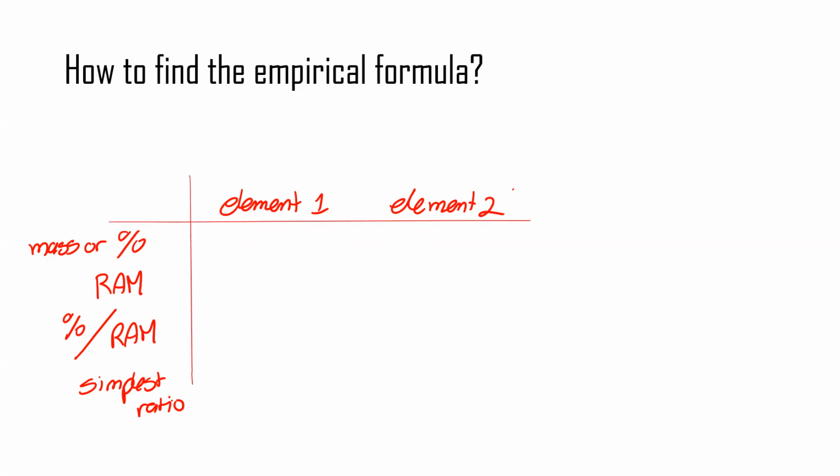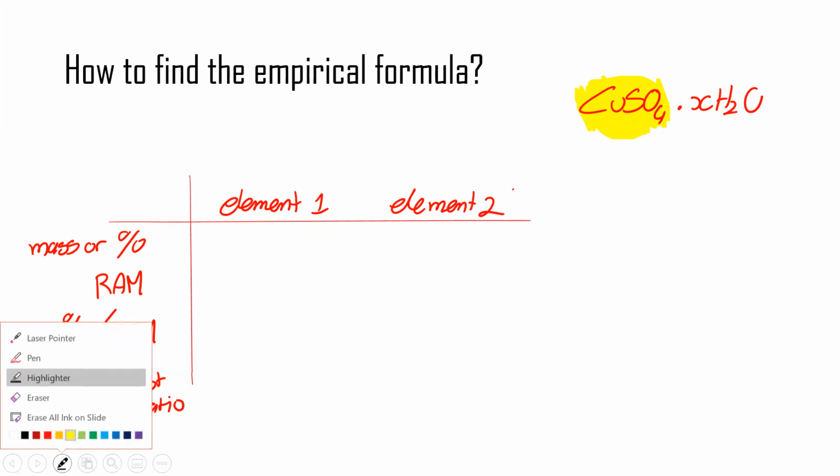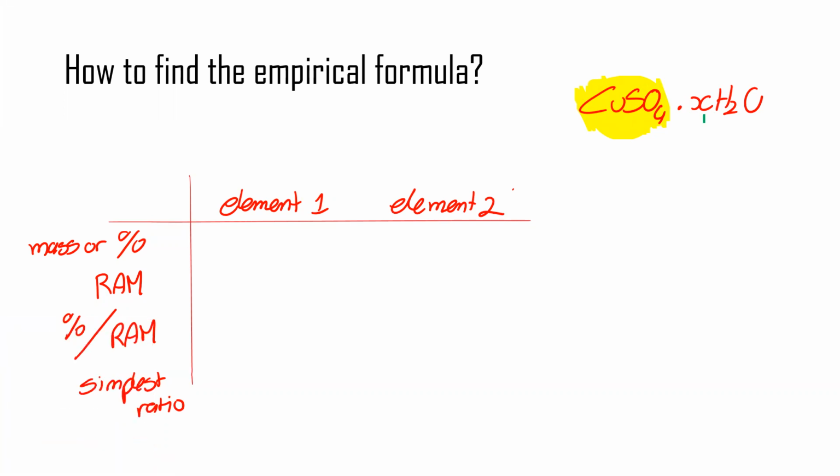I would like to point out that whereas this is important for the empirical formula for elements, we can also use something similar when it comes to water of crystallization. For example, copper sulfate dot XH2O, we can use the two components: copper sulfate equivalent to element 1, and H2O equivalent to element 2.